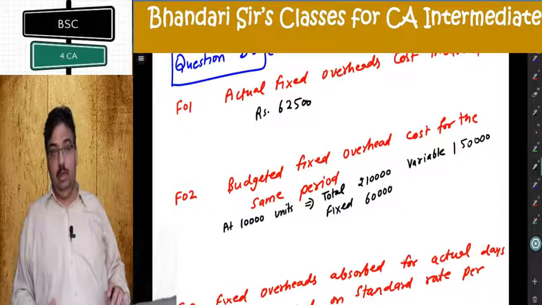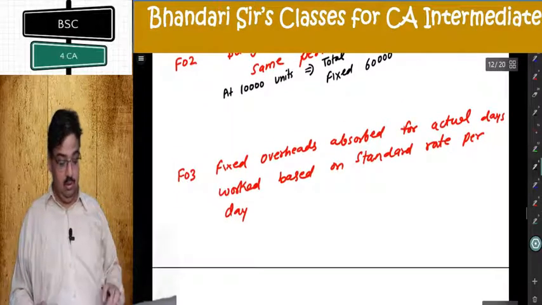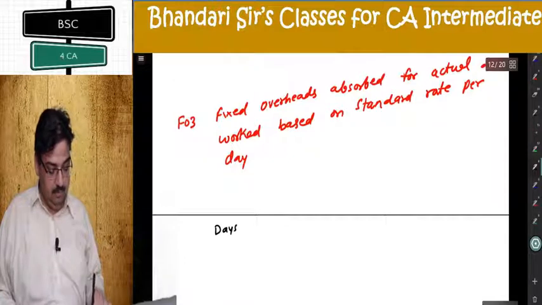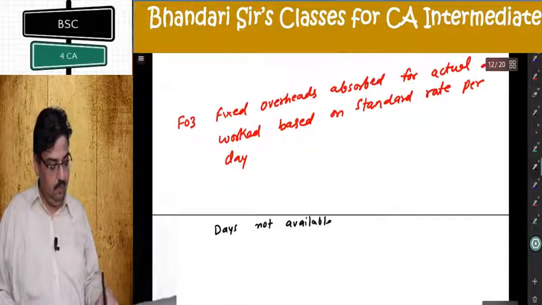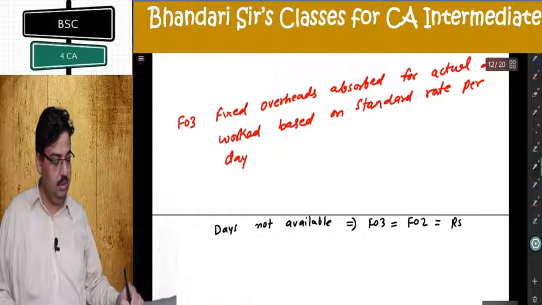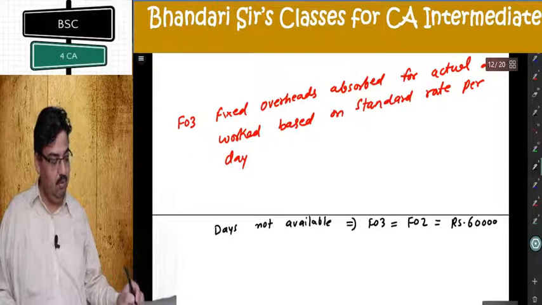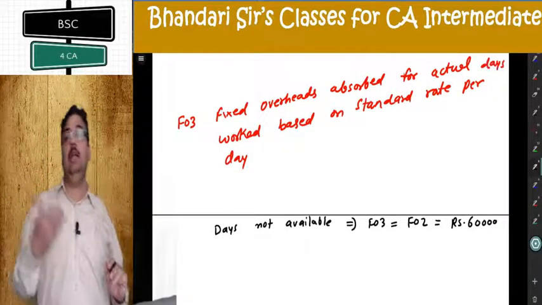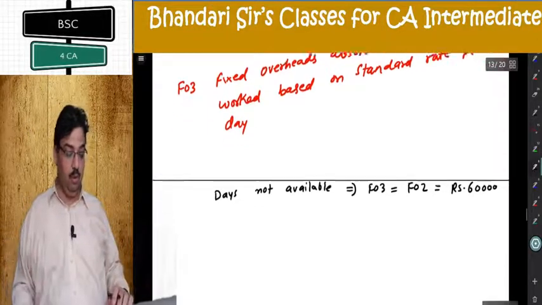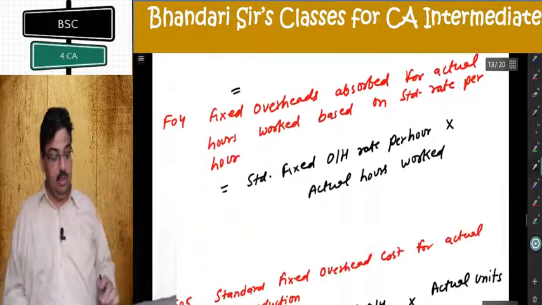In FO3 it will be the same because days are not available, implies FO3 equal FO2 equal rupees 60,000. When a step is not applicable, we take the value of the previous step. So FO3 equal FO2 equal 60,000.